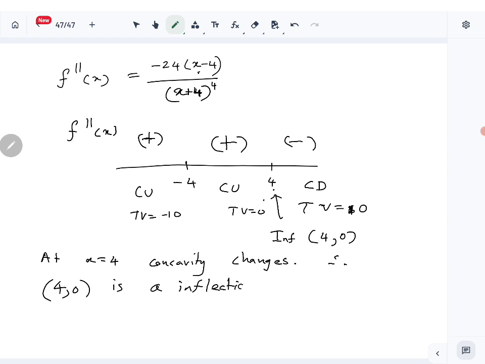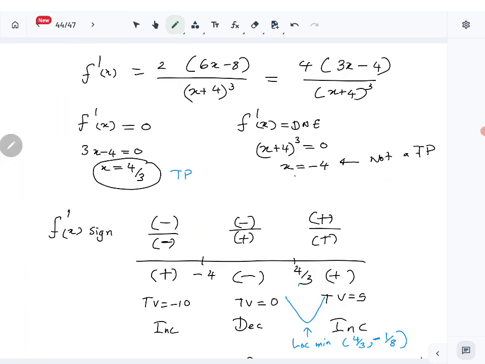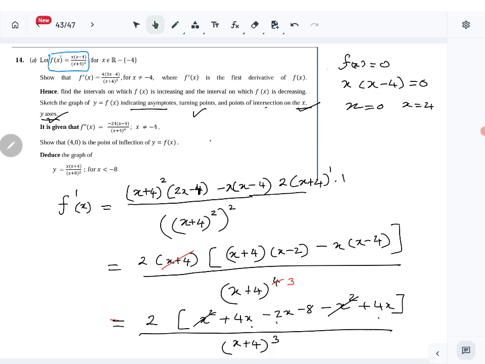So that is done. What else do you need? Deduce the graph of this for x less than minus 8.